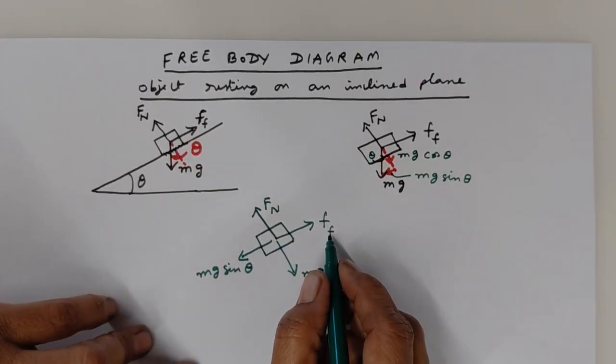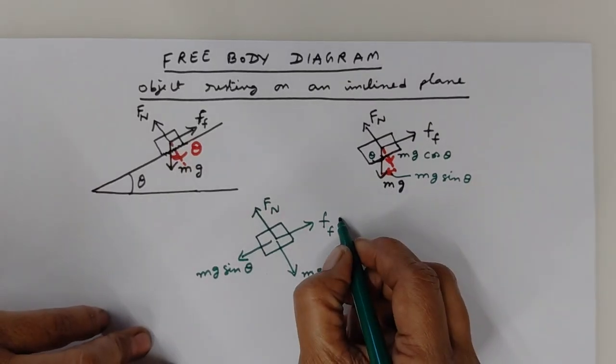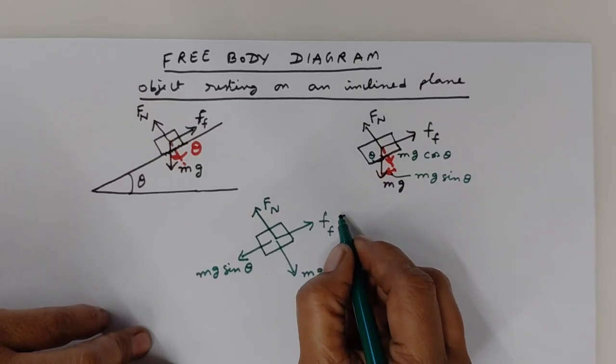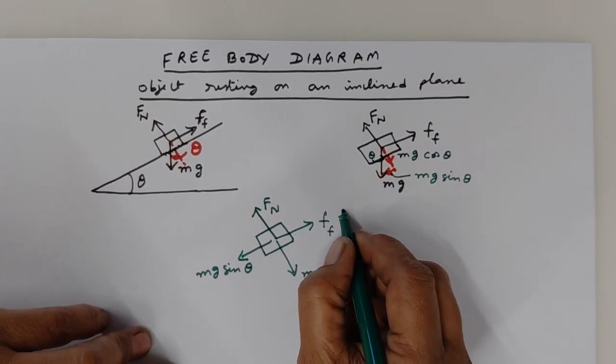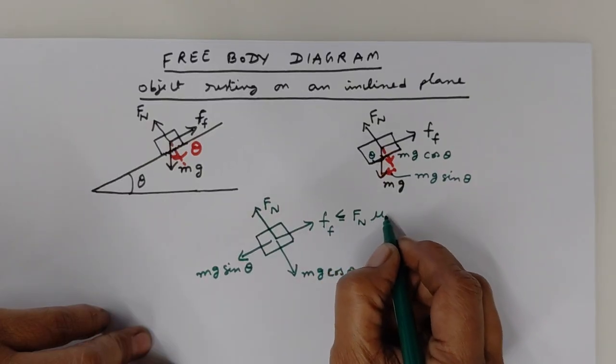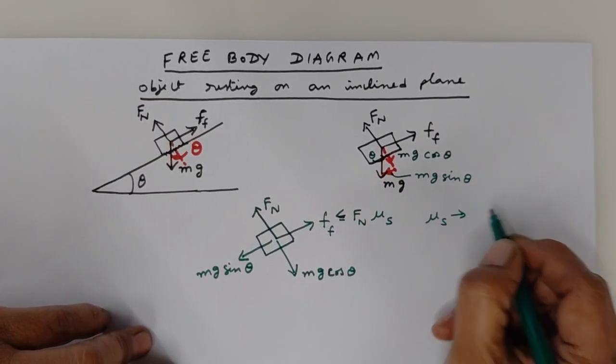So what is this frictional force? It is always less than or equal to the normal reaction times mu s. What is this mu s?